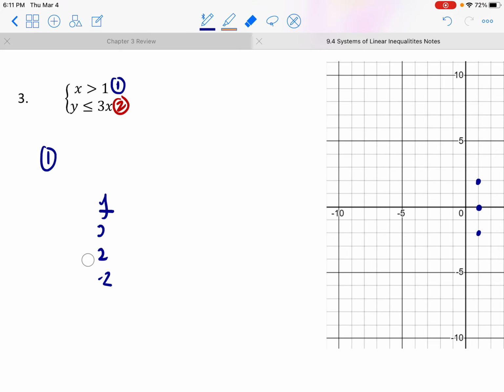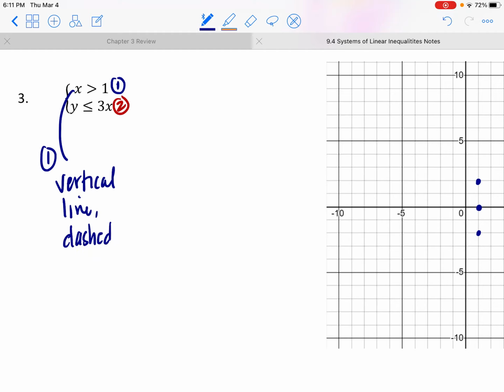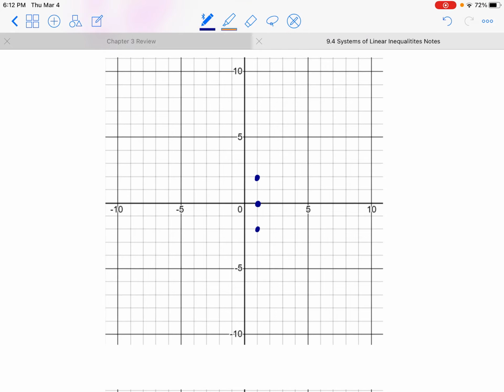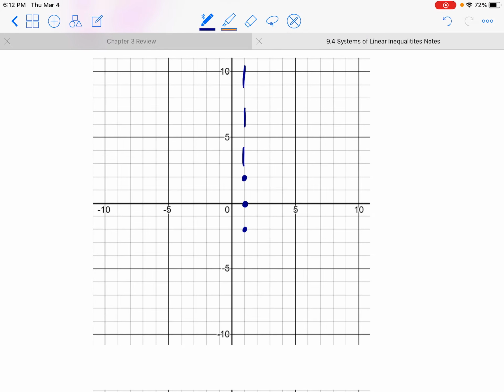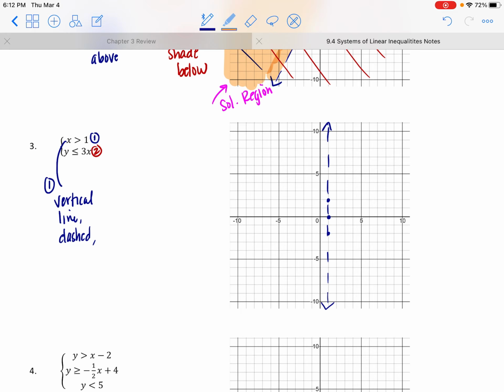Okay, so this is going to be a vertical line. It's helpful if we can remember these things. So this is a vertical line, and it's going to be a dashed line. And the shading, okay, if we have a vertical dashed line through 1, think about this. This is the cutoff here. What we want to include in our graph would be all the x values that are greater than 1.